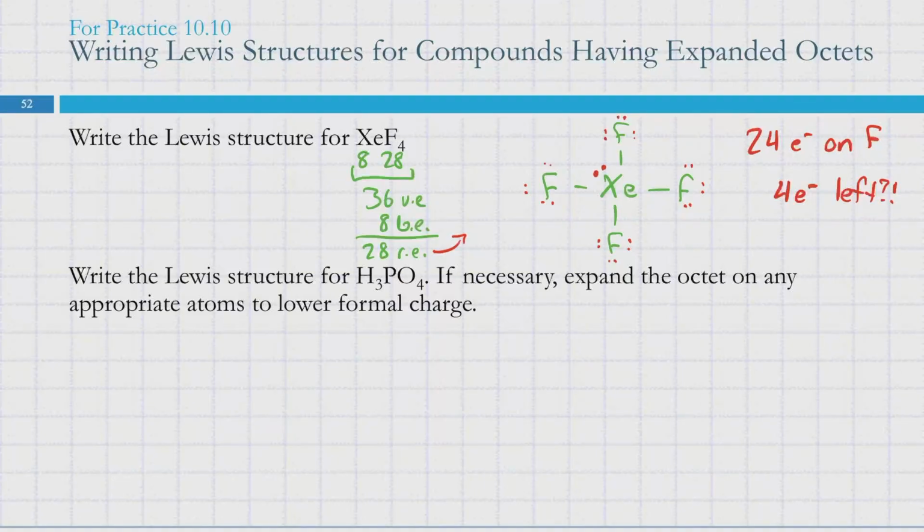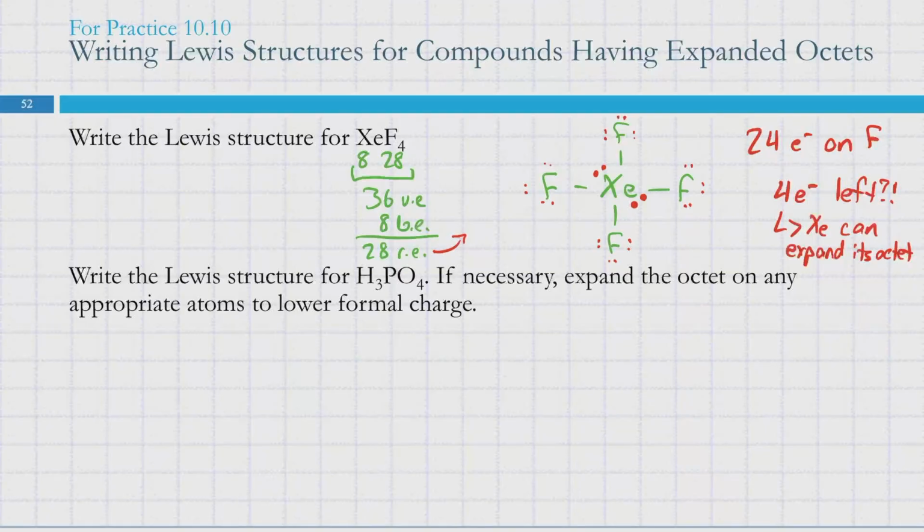And so we can give it 4 more electrons, because xenon can expand its octet. Fluorine wouldn't be able to do that because it's in period 2. It doesn't have access to d orbitals.